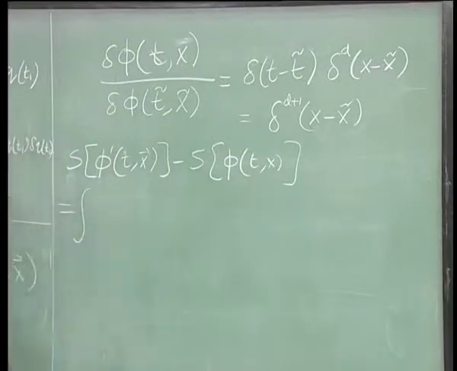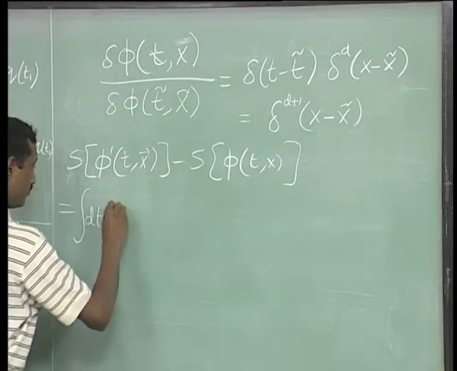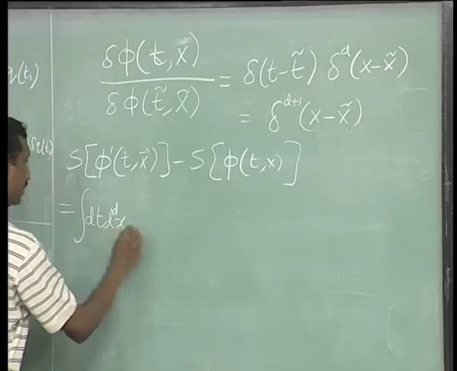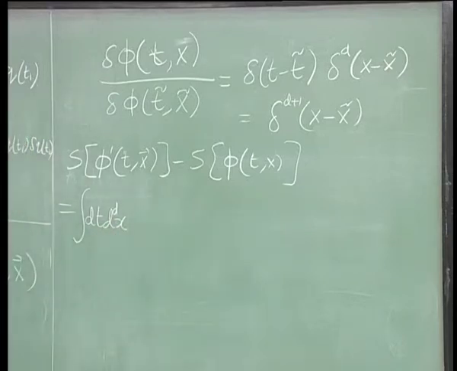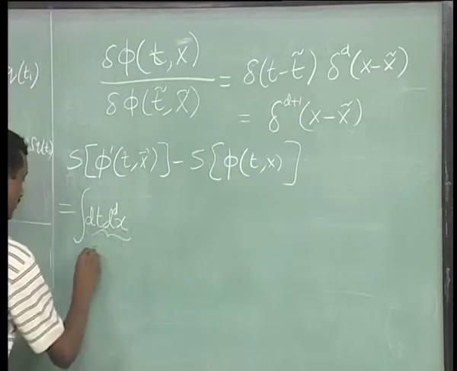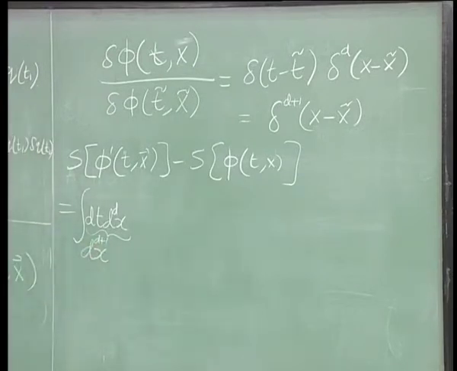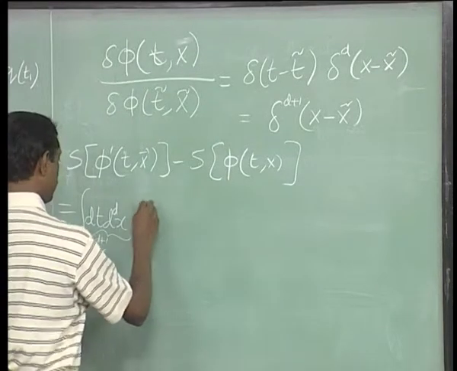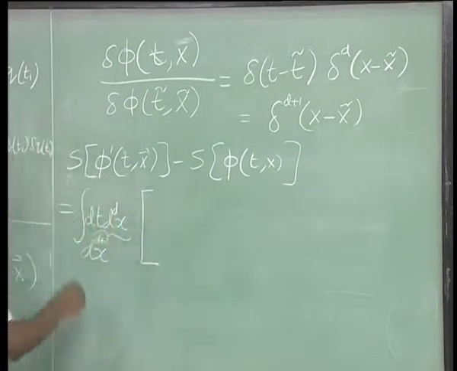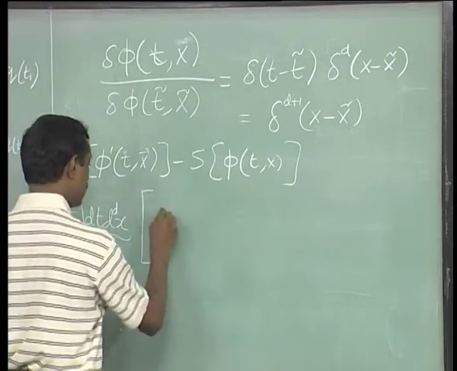So now the first change is that we have an integral over both space and time. Again most of the time we just write this as d^(d+1)x, times the Lagrangian density.